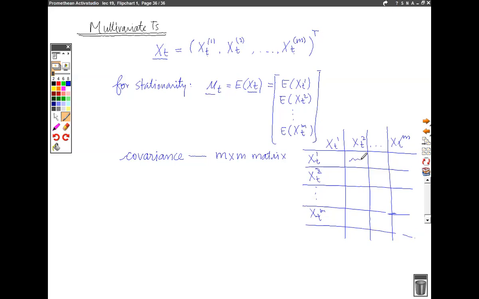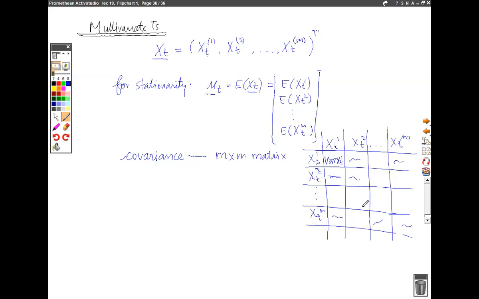And you will have some values here. Whenever I'm talking about the variance, here it will just be the variance of xt1. Here it will be the covariance of xt2 and xt1, which will be the same here as well.